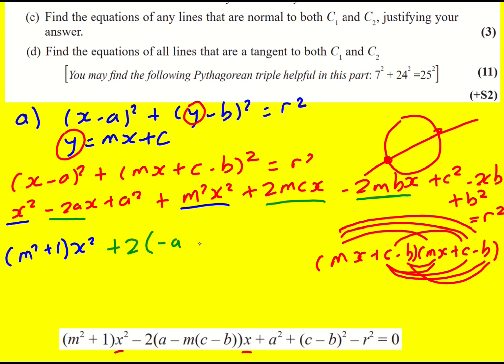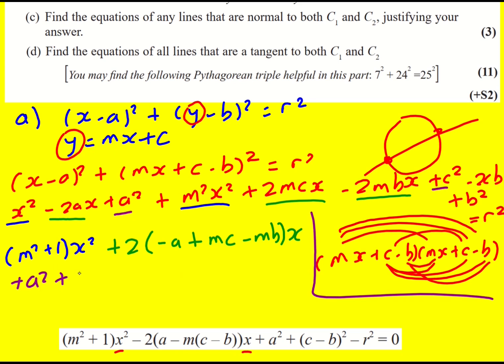So minus a plus mc minus mb, x. That is all of those x terms. And then plus a² plus c² minus 2cb plus b² minus r² equals 0.